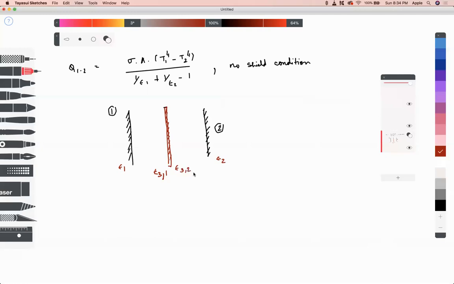It can be same. In a given problem, when they tell you that the emissivity of the shield is equal to 0.3 or something, that means on both sides the emissivity is same. You just have to assume it.